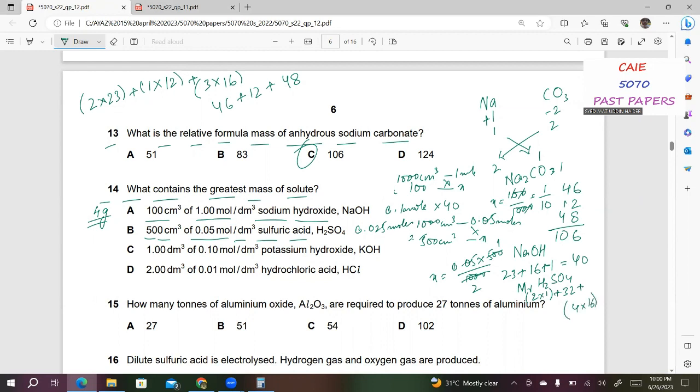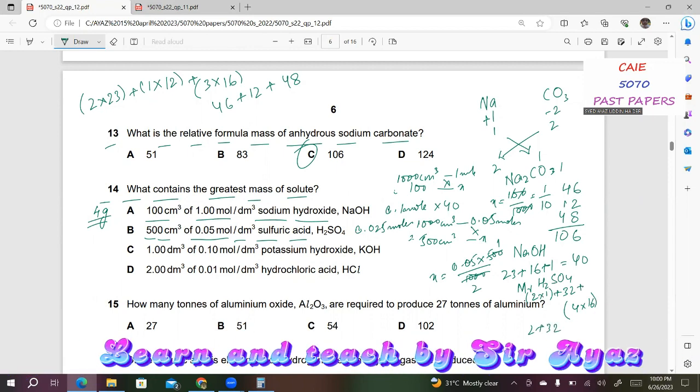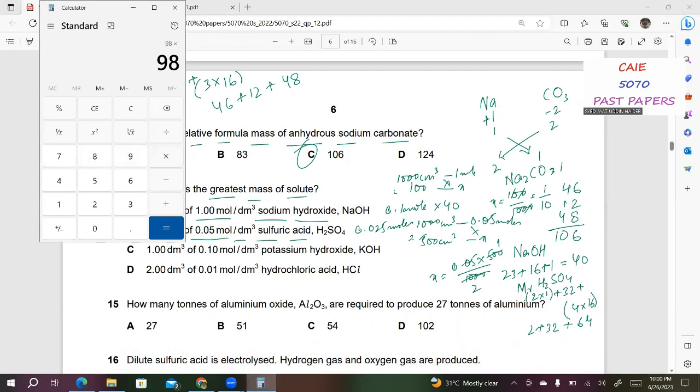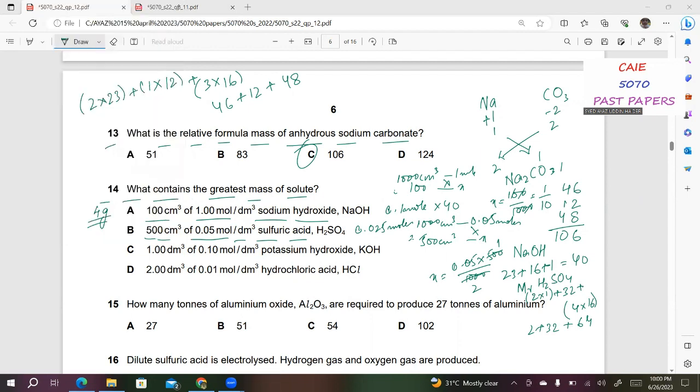So we will get 2 plus 32 plus 64, and 98 will be the answer. Multiply 98 by 0.025, 2.45 grams.